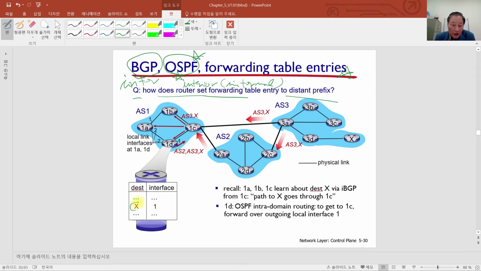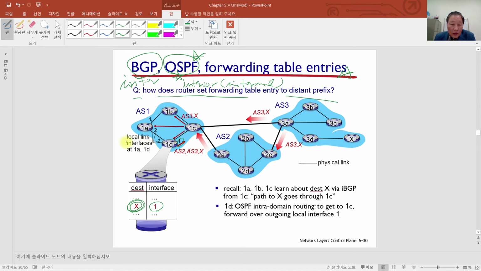The destination network address is called the prefix. And this one is the interface here. Okay, let's look at this one first.